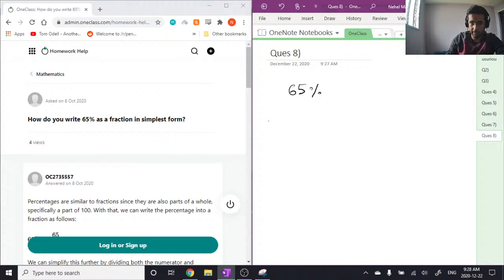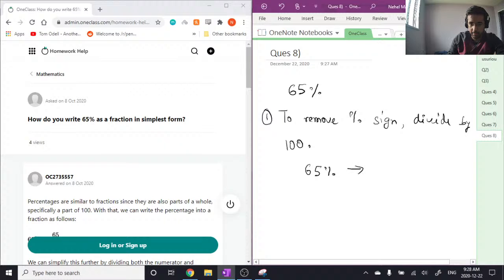The way we can do it is to remove the percent sign, divide by 100. So basically 65% becomes 65 over 100.